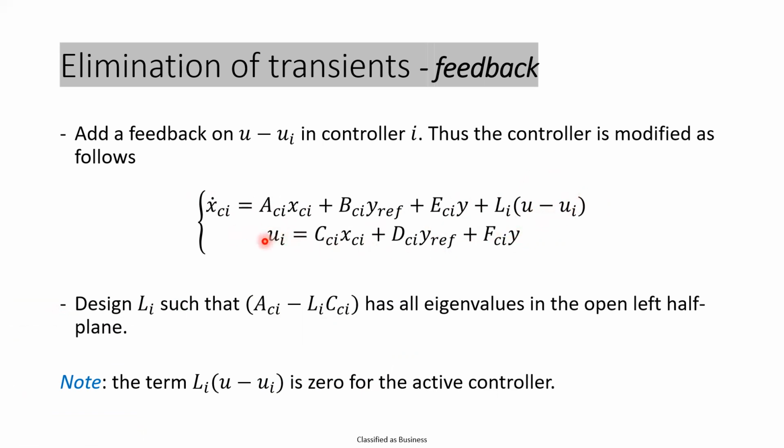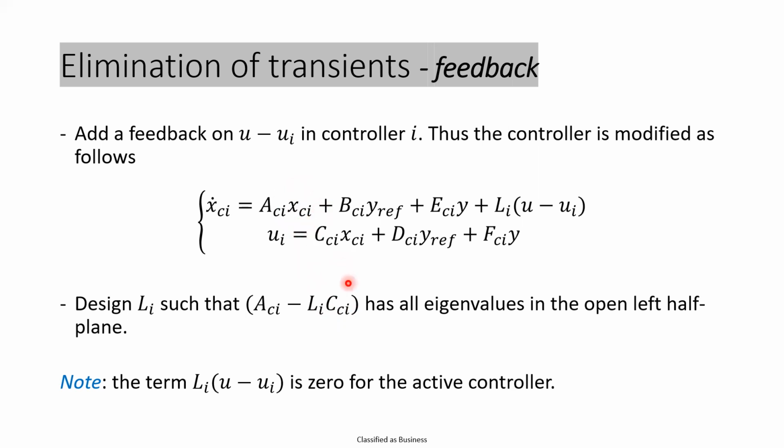So you substitute Ui from this equation and bring it up. For example, the first term is C multiplied by X. So then you have minus Li multiplied by minus C multiplied by X, and you have another X here. Therefore, if you factor out X, it would be A minus Li Ci multiplied by X Ci.